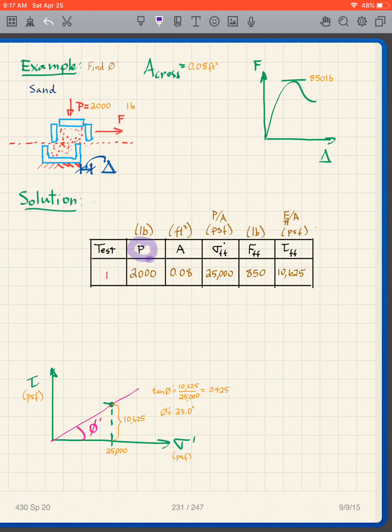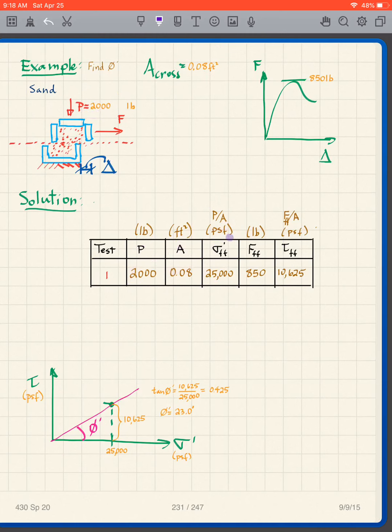And so what do I see? Well, I know that P is 2,000 pounds, it's given. The A is given to be 0.08. P over A gives me the sigma prime FF. It's 25,000, so that's straightforward.